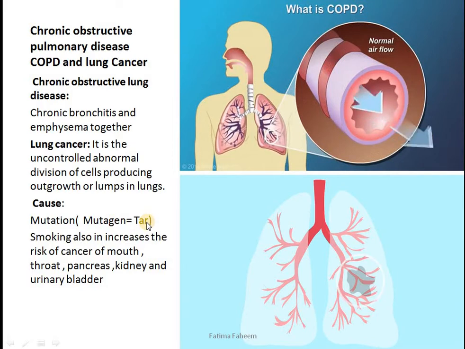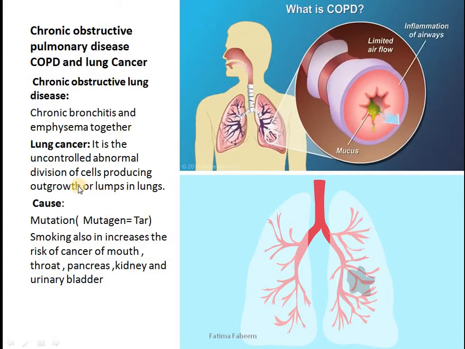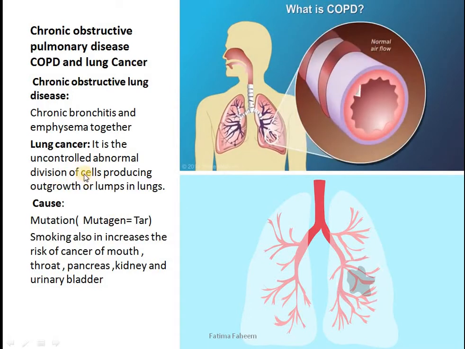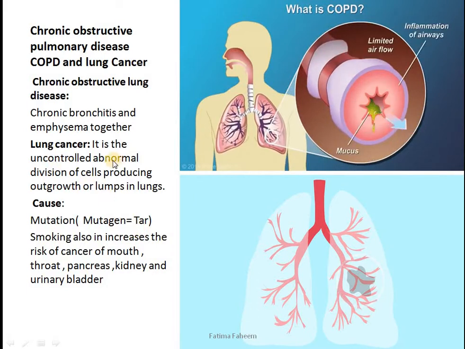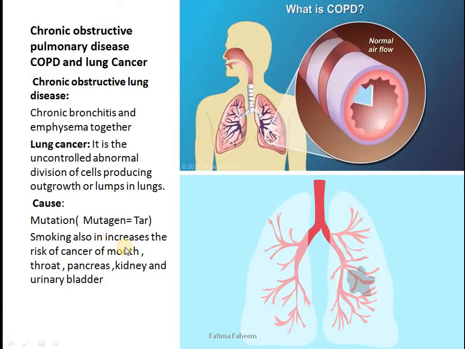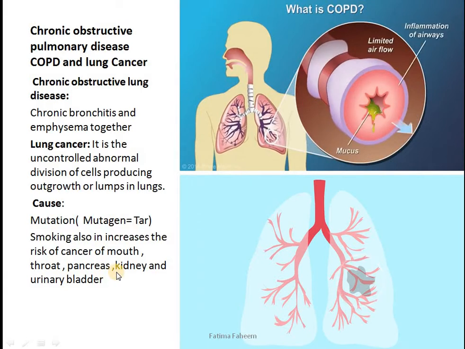What it does is cause a sudden change in the genetic material of the cells which controls the division of cells. So once that control is changed, the cells are going to divide uncontrollably and abnormal cells would be produced. Smoking also increases the risk of cancer of the mouth, throat, pancreas, kidney and urinary bladder.